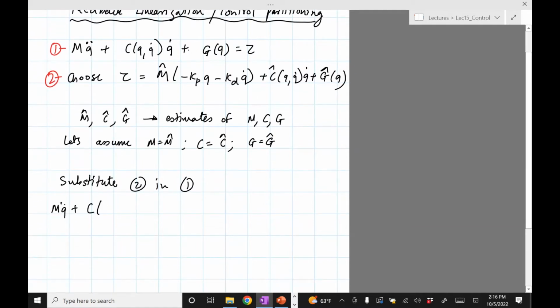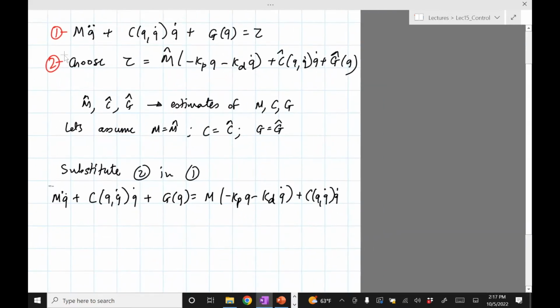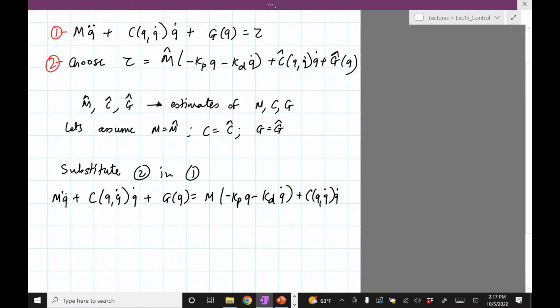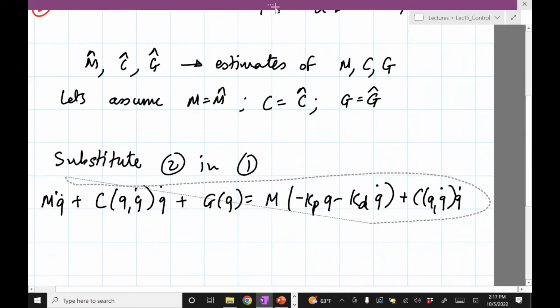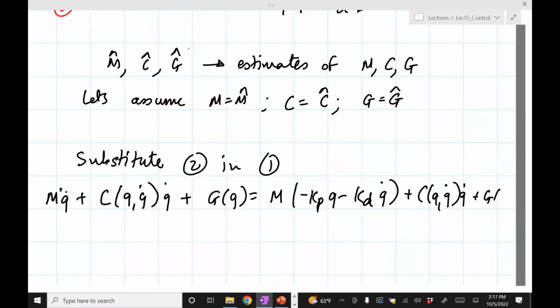We have m q double dot plus c q dot plus g of q equals m times minus kp q minus kd q dot, plus c q dot, plus g of q.